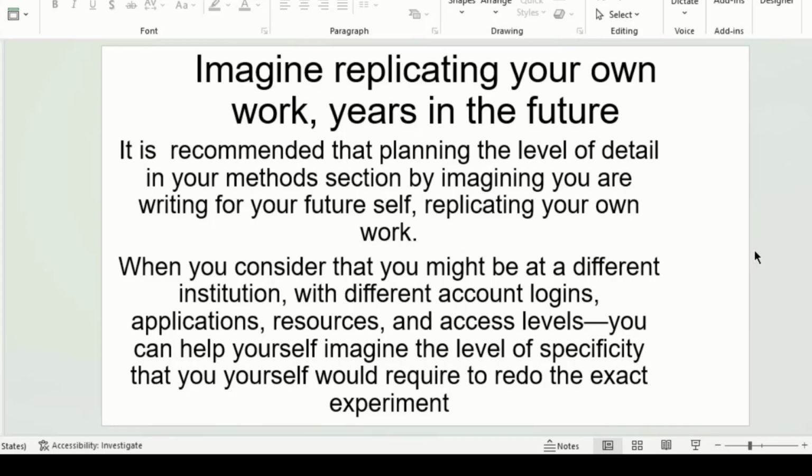When you do it the second time, you have improved in some of the things. When you do it the third time, you excel now. You've got exactly what makes you feel good about what you're doing because you are redoing the exact experiment.